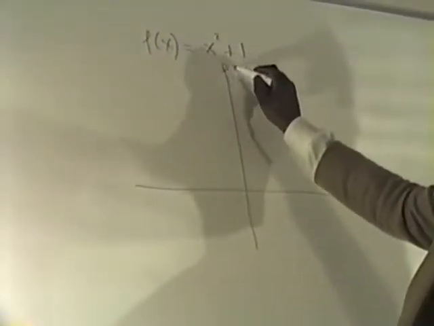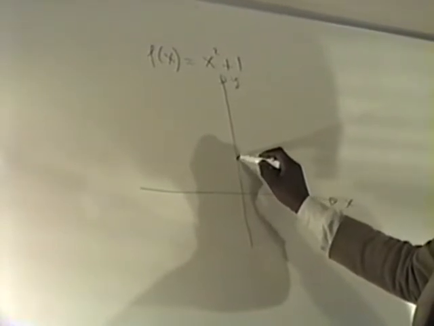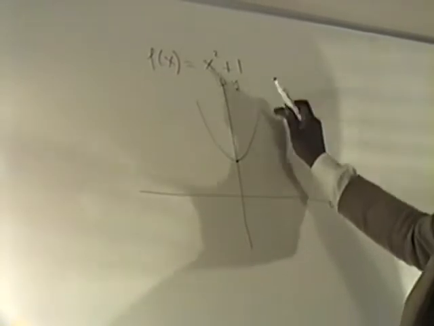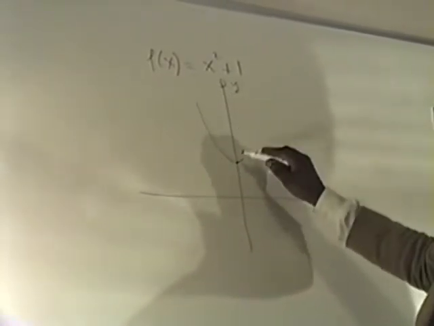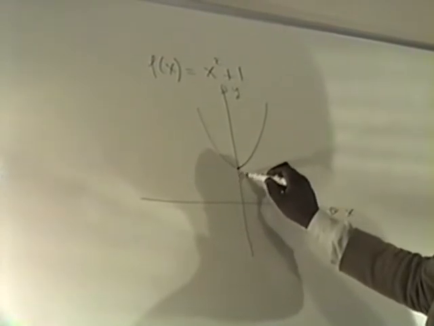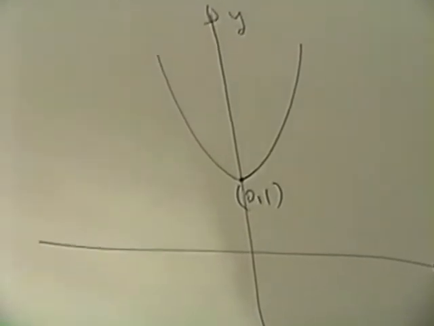This is the x-axis, this is the y-axis, and at point (0, 1), we have the vertex of this parabola.